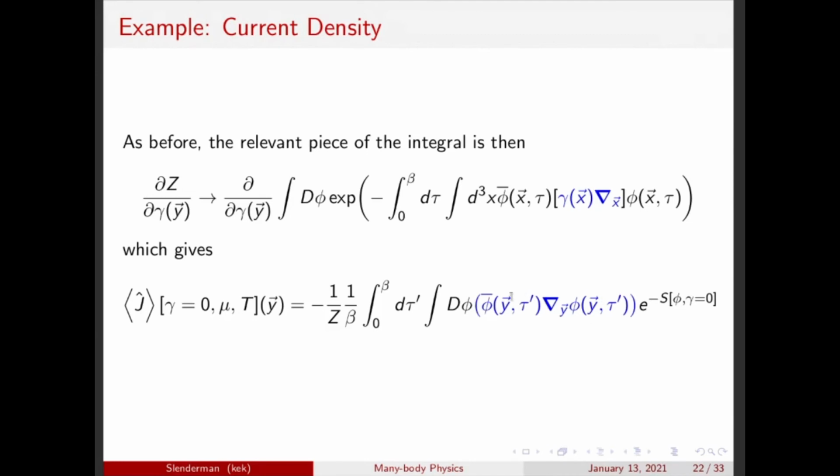And we have our desired observable in blue here, multiplying our action. And since there wasn't already a term coupling to the current density in the Hamiltonian, we're now setting this parameter gamma equals 0. Okay, so that is the example for the current density, the extraction of this observable.